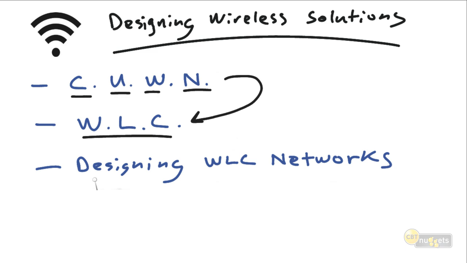We wrapped up this nugget with talking about some particular design concerns. Things like doing a proper site survey and even designing some of the newest technologies in wireless like new and improved tunneled guest access and outdoor wireless mesh networking.